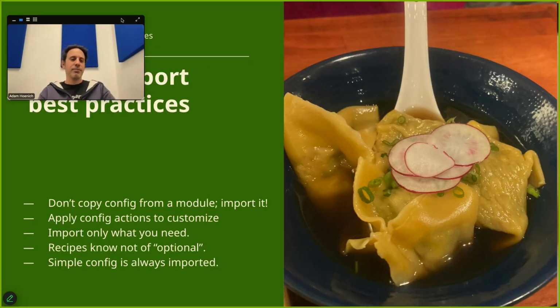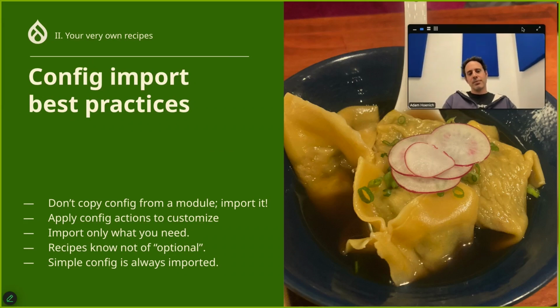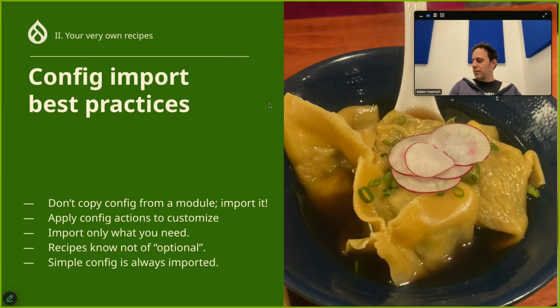Here are some best practices for config import that we've seen people not follow. Don't copy a configuration file from a module into your config folder and make a small change. You should import the configuration file from the module and then use config actions to change it. That helps with idempotency, which we talked about in the session this morning.